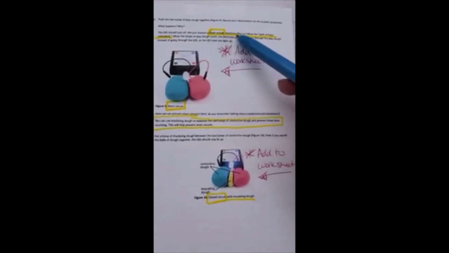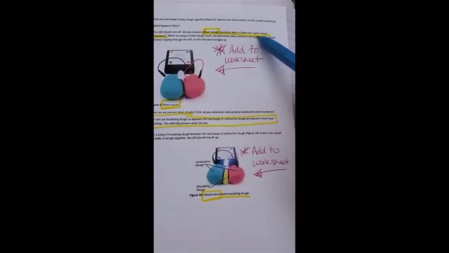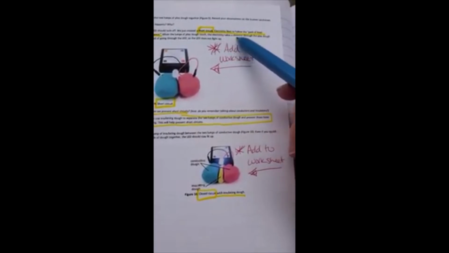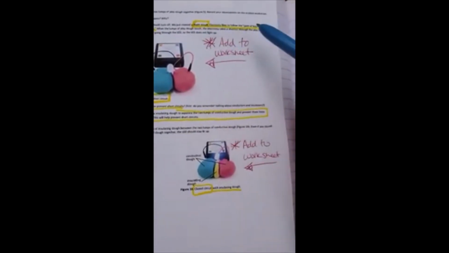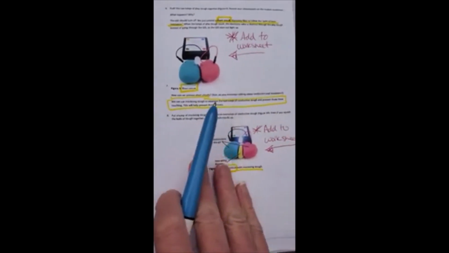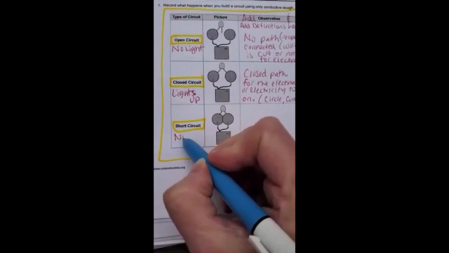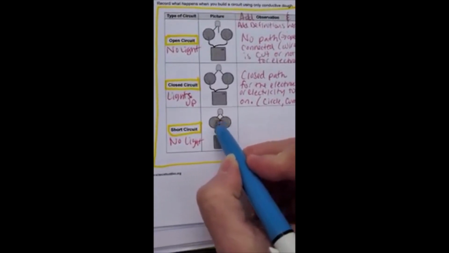The definition is that electricity likes to flow the path of least resistance. When the lumps of Play-Doh touch, the electricity takes a shortcut through the Play-Doh instead of going through the LED light, so the light does not light up. So we're going to add that right here on the bottom. So, shortcut, what did we see? No light.